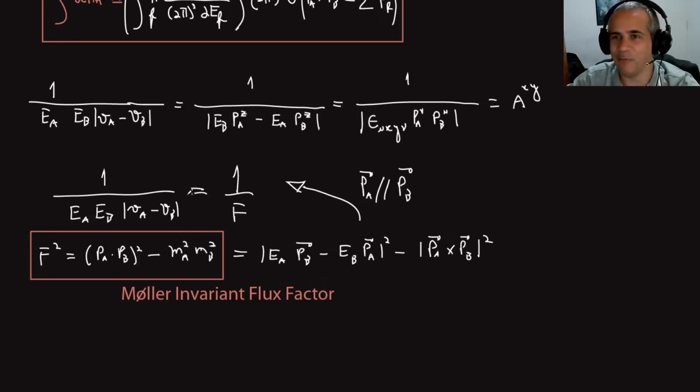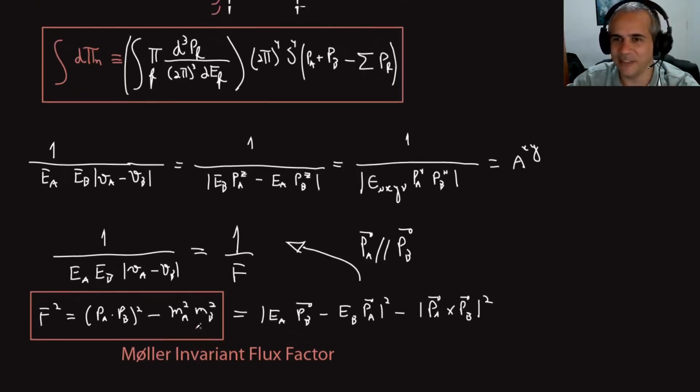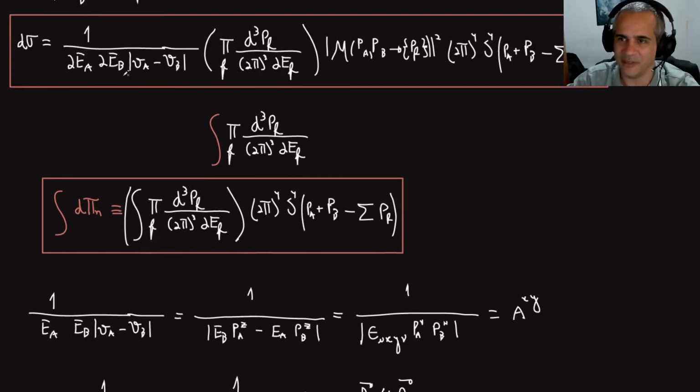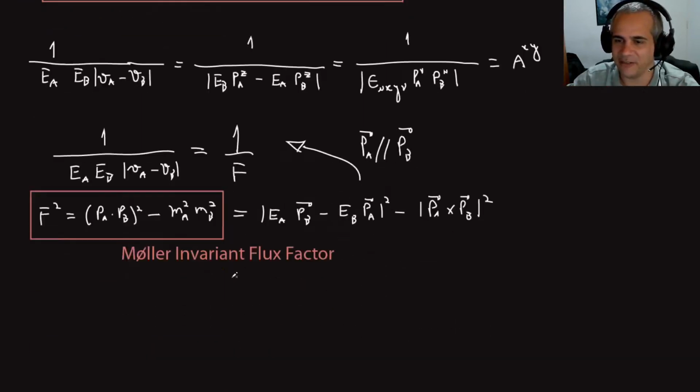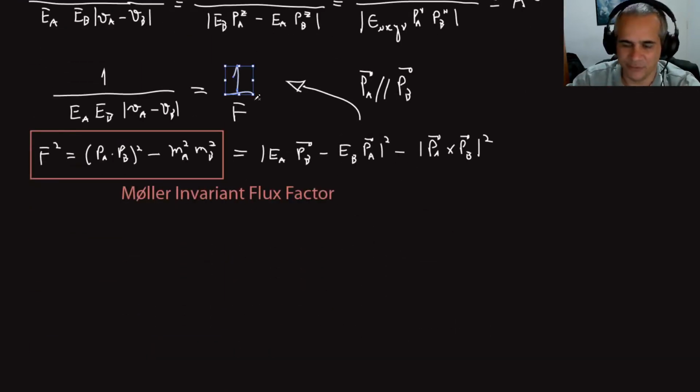So, well, the point here is now I can use this back into the cross-section expression and write a cross-section that is useful in any reference frame, right?